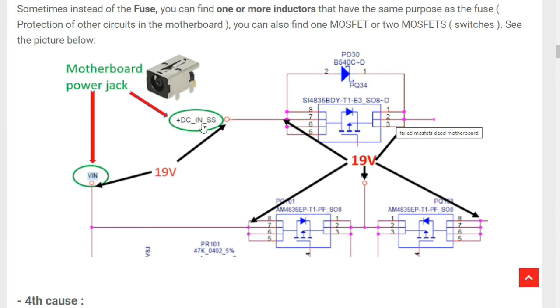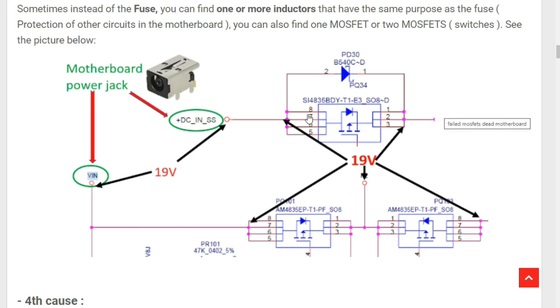In normal conditions, when this MOSFET is activated, when it receives the control signal in its gate, the 19 volt from V in, from the adapter, will pass through this switch, and we will get 19 volt here.